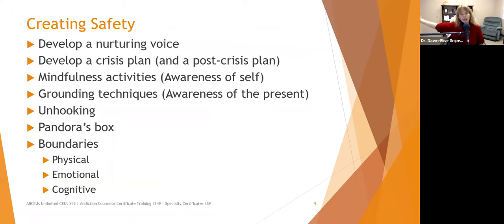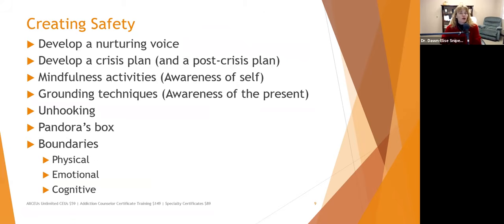And then there's a post-crisis plan, and we generally forget this part. After the person goes through the crisis, after the person gets stabilized and they've gotten grounded again, what is it that they need to do? Because after a crisis, whether it's a 3 or 4 hour thing or a 3 or 4 month thing, it doesn't matter, people tend to be exhausted, which means they're more vulnerable to dysphoric emotions and reactions.